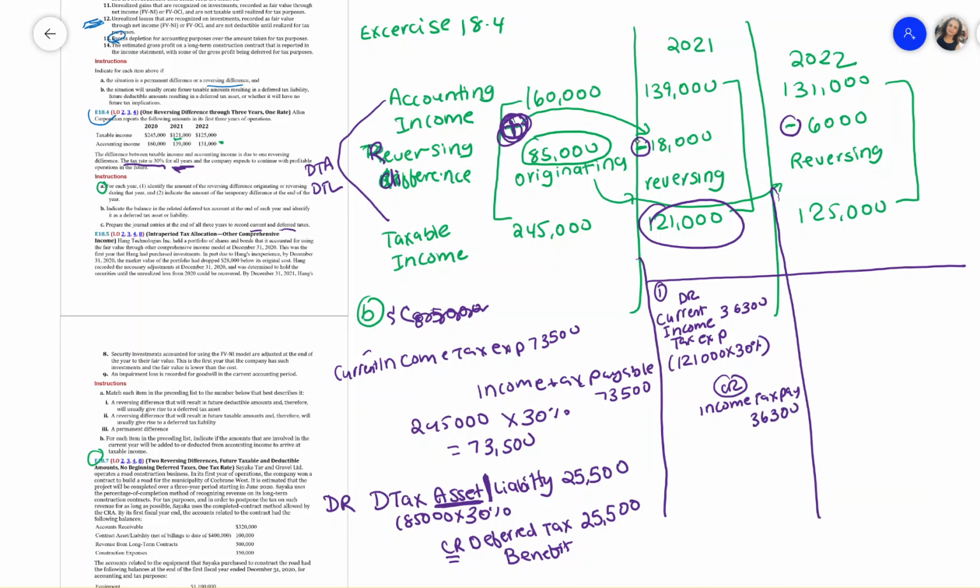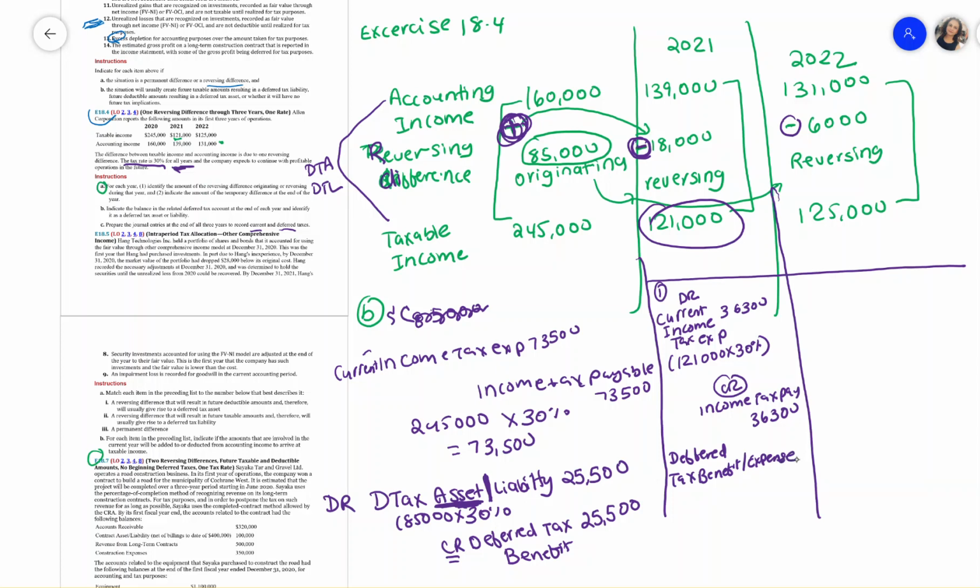Now we know the difference is a credit. In other words, if you were looking at the solution, we have to reverse whatever asset account we created. Now we have to reverse it. In this case, we have a liability, and you're going to debit the expense. So the debit entry will be your deferred tax benefit / expense, because you're creating a liability.